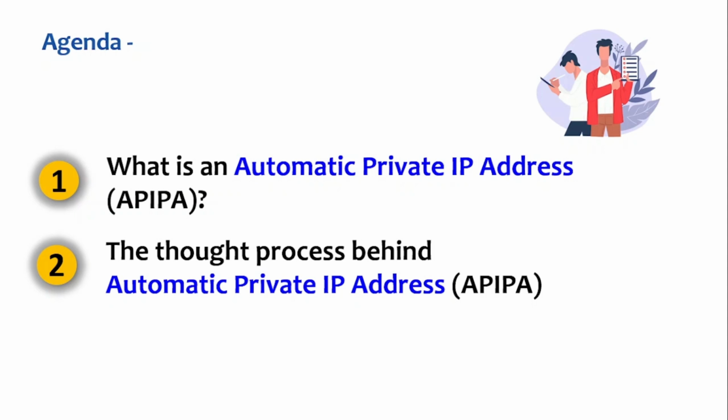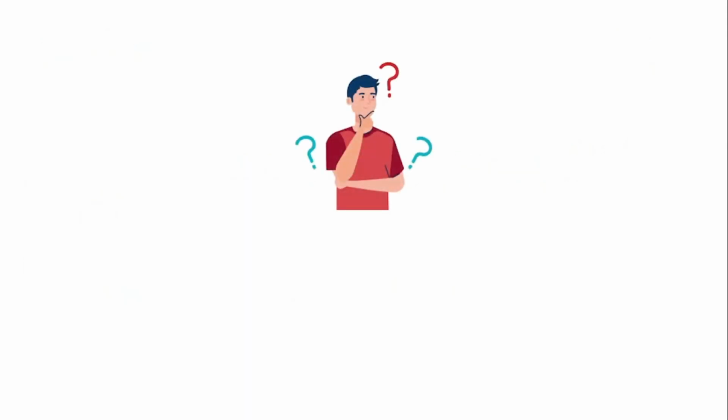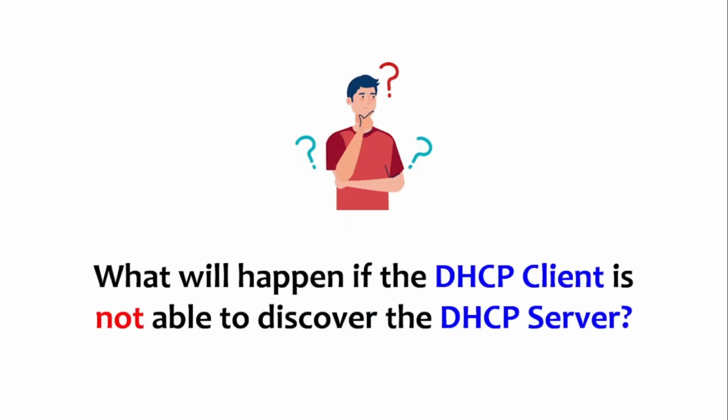So let's move ahead. We had a question in our earlier session: what will happen if the DHCP client is not able to discover the DHCP server?